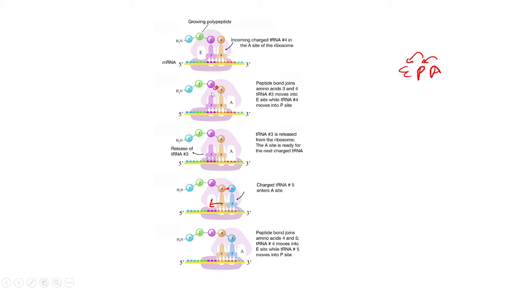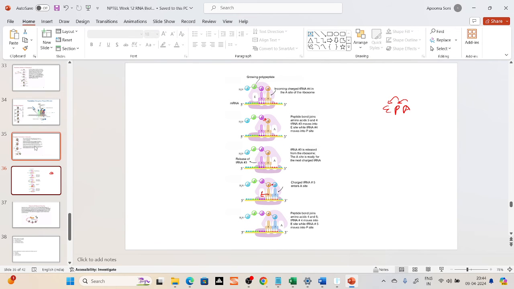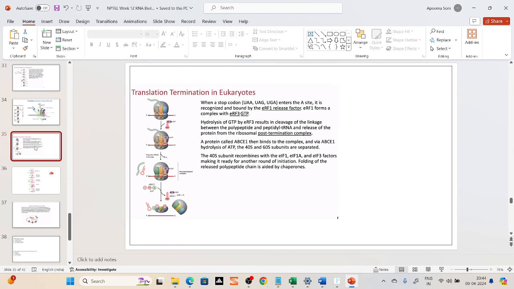That means no amino acid has come and bound to the A site, but a stop codon has. Then a release factor is initiated and it gets a signal that it has to terminate the translation. Therefore, it is terminated.